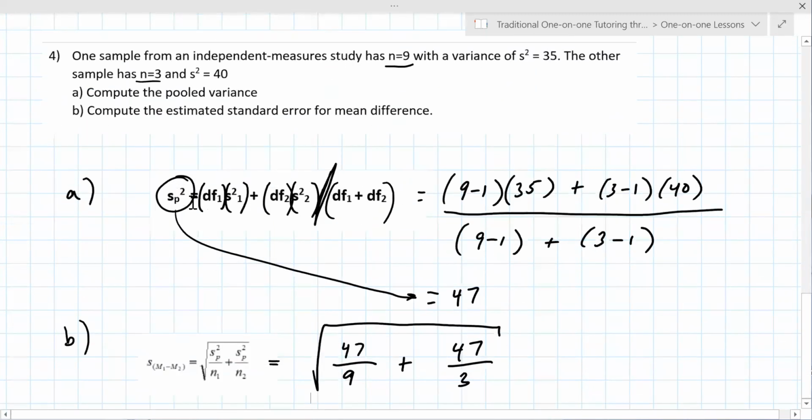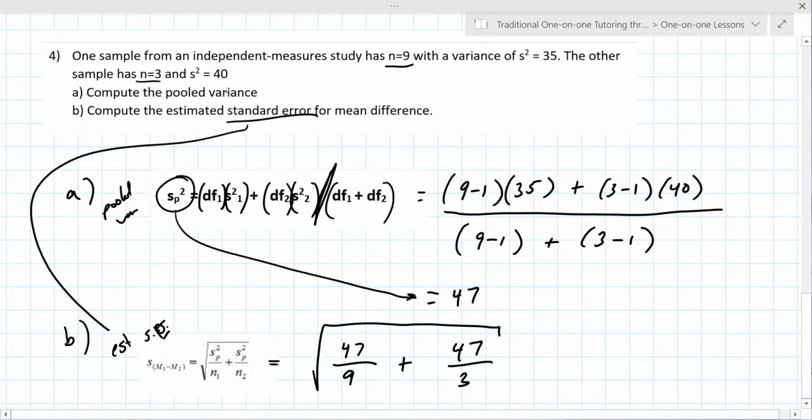If it's S squared, I use this formula. And then this one is the same for both. And have the words next to it, like this is the pooled variance. This is the estimated standard deviation, sorry, standard error.